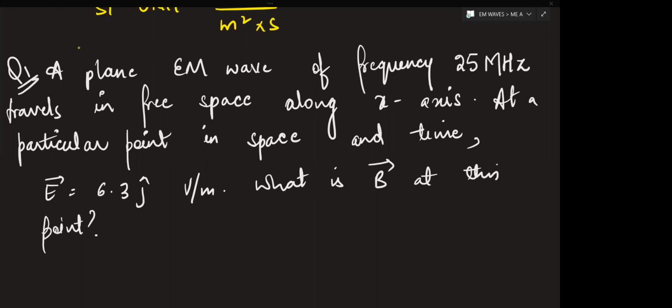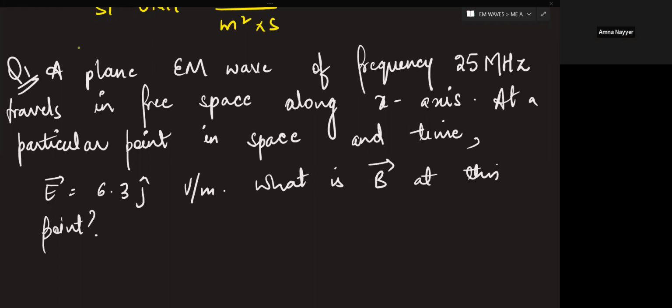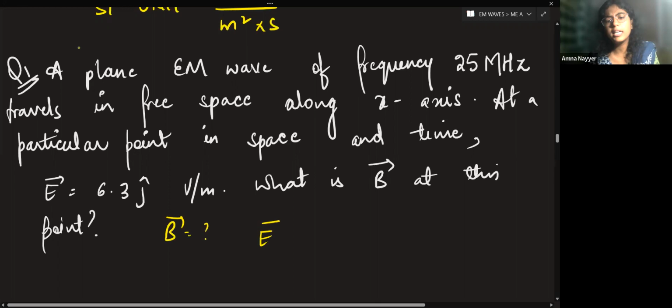See how this question will be solved. The magnetic field has to be calculated. Electric field is given as 6.3 j cap. Leave j cap for now; right now just focus on the magnitude. Magnitude is 6.3.